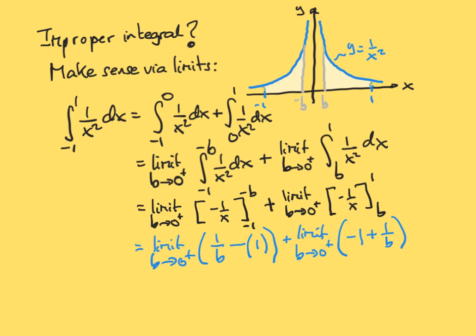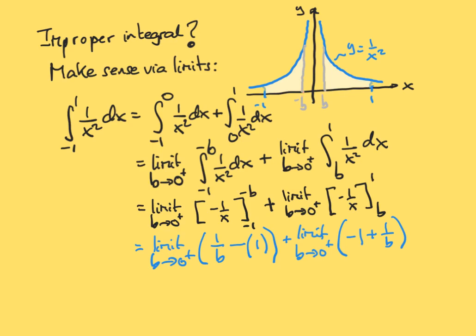So if we look at these terms, they're identical. So let's just focus on one of them. It's just going to be multiplied by a factor of 2 overall. Now, b is positive because we are here keeping to the left of the y-axis and here to the right of the y-axis. So b is positive, minus b is negative.